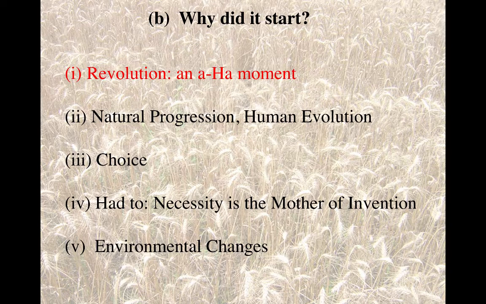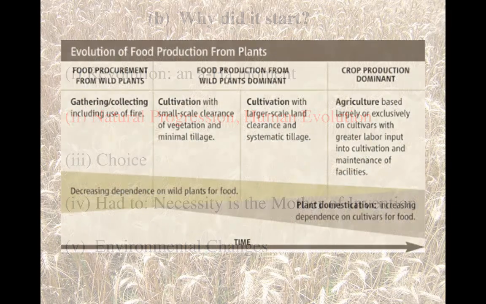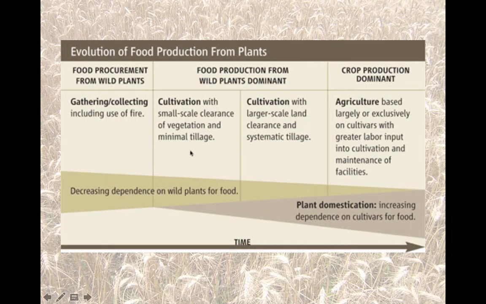So that's one idea. Another one is a natural progression. Is it part of human evolution, where it was an inevitable outcome? We start hunting and gathering, we cultivate at a small scale, cultivate at a larger scale, and then have full-blown agriculture where we become very dependent on these plants that we've domesticated.